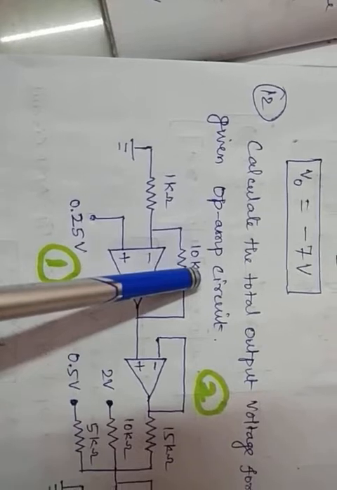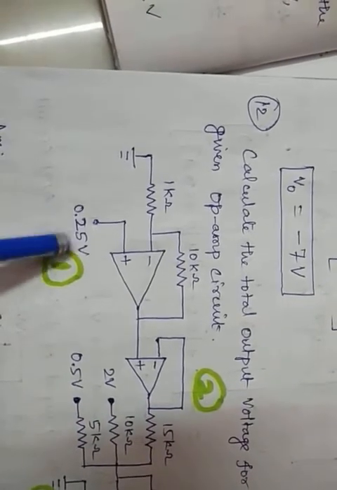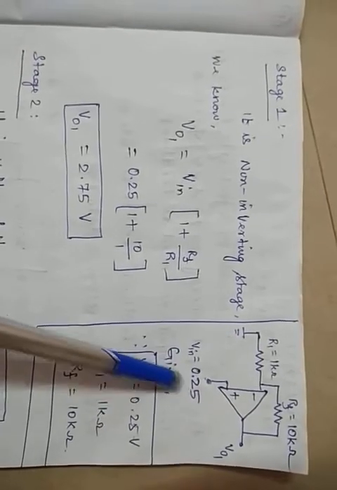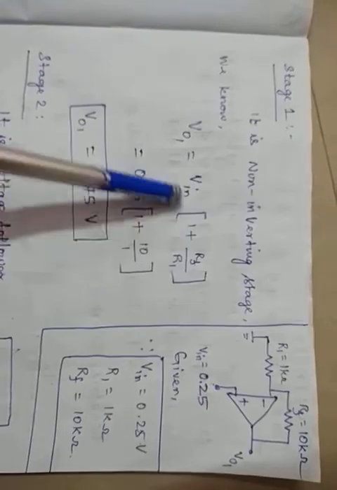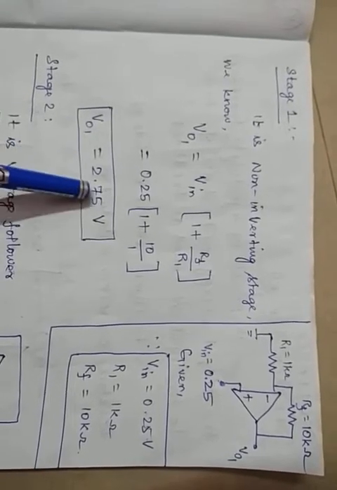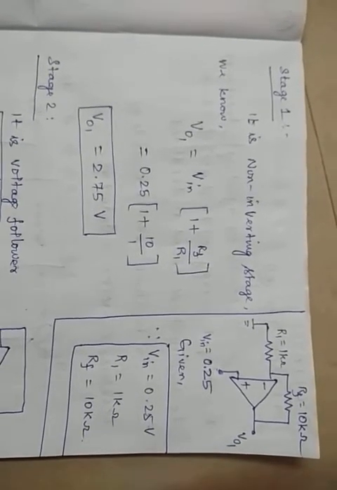RF is 10K, also given in the question. And 0.25 is the input voltage, also given in the question. Substitute the values here, and after simplification we got Vout 1 equal to 2.75 volt.